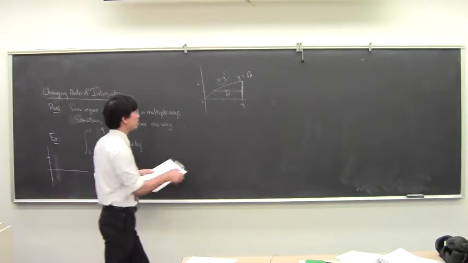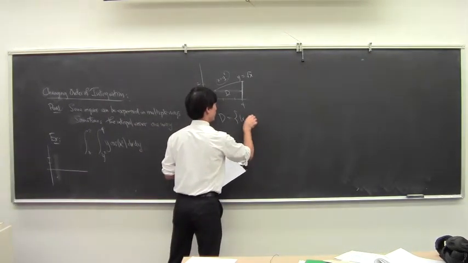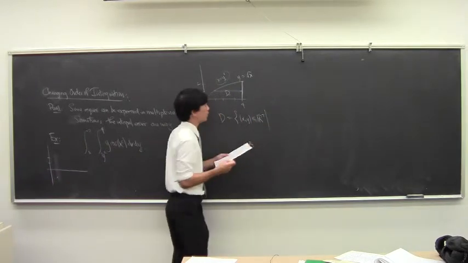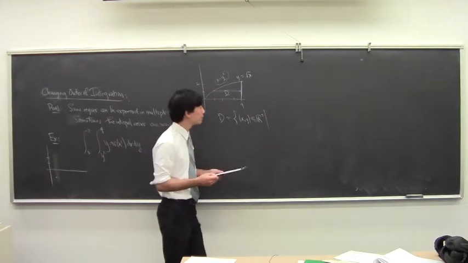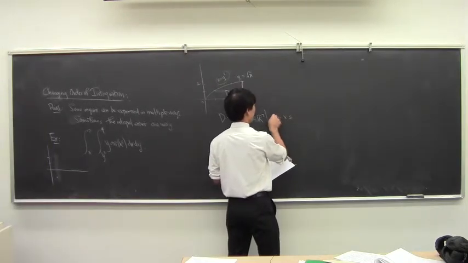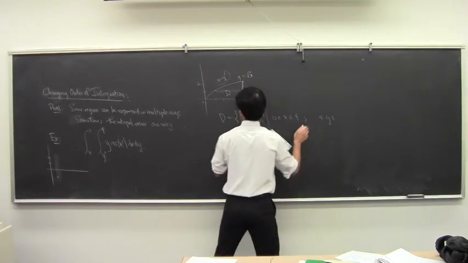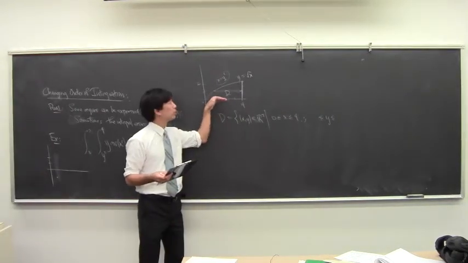Okay, so let's rewrite that as an x simple region. So what's the range of x? 0 to 4. X goes from 0 to 4. And then again we think, for each y, what's the range of x?